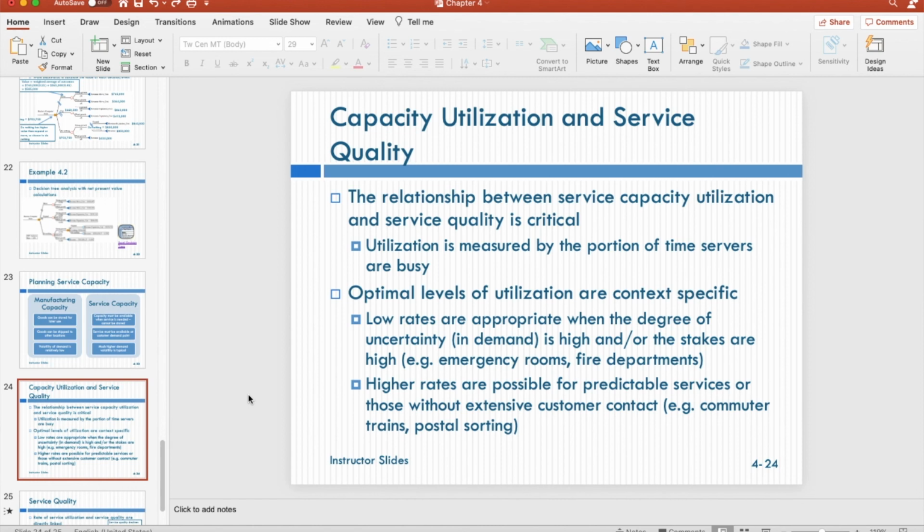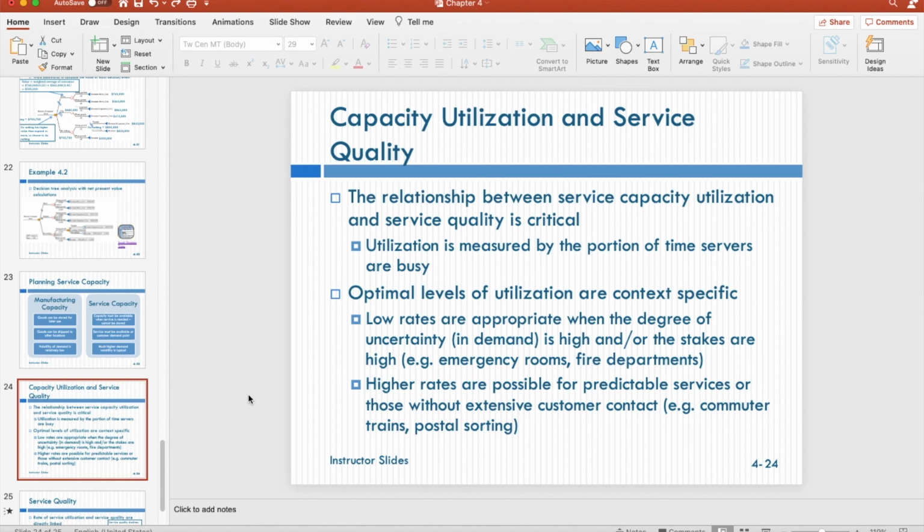When the utilization is becoming closer and closer to your capacity level, the quality of service probably will drop to some extent, because when you provide services, everything becomes very busy and may have more issues during this procedure. So that's why the optimal level of utilization can be very complex under the service type of industry.